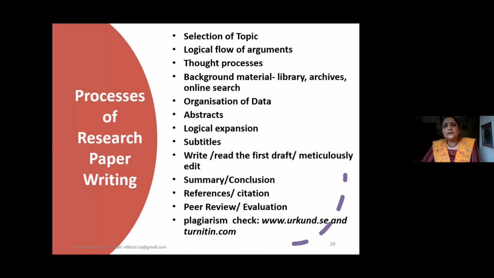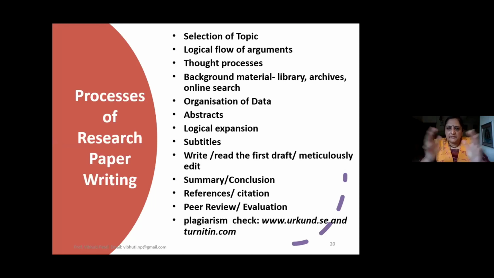Now, coming to the process of research paper writing, first of all, once you have chosen your topic and the conceptual framework, you start scanning background material, contact your librarian, go through the archives, you decide what kind of data and material you want, and you can also do an online search. You have to organize your data, you have to write the abstract of your research paper, and you have to do the logical expansion of what you have promised in your abstract.